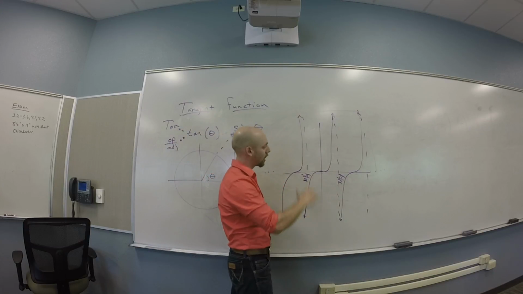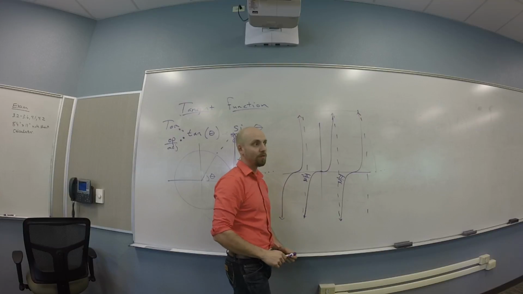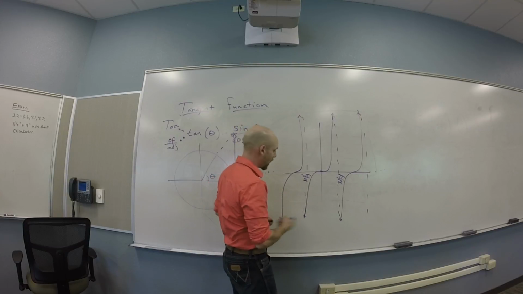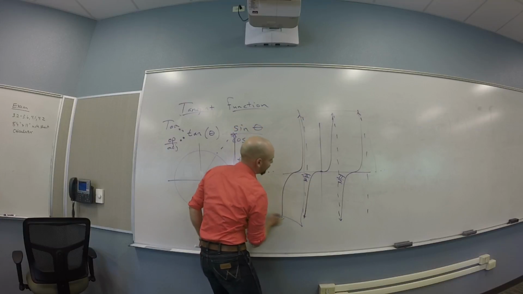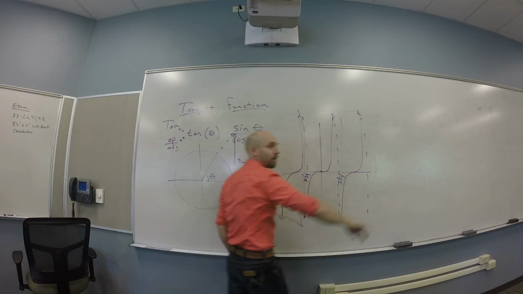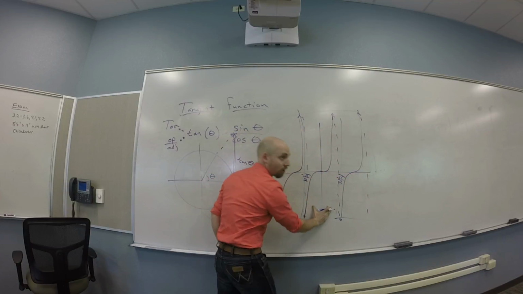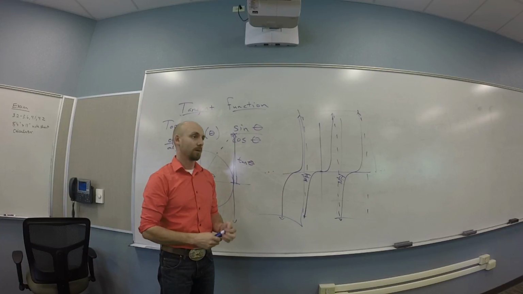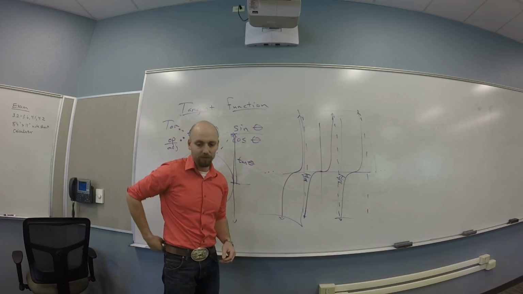They're made by cutting this thing into a piece. So if we were going to cut this to make the inverse, we'd cut this part off, and we'd cut that part off, and we'd be left with this middle guy. You guys see that? Okay, cool. That's what I want you to know about tangent for right now.